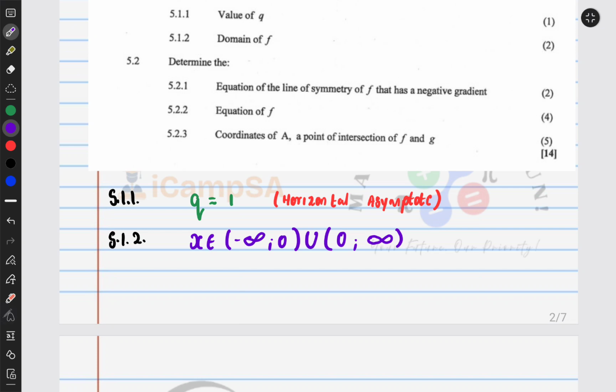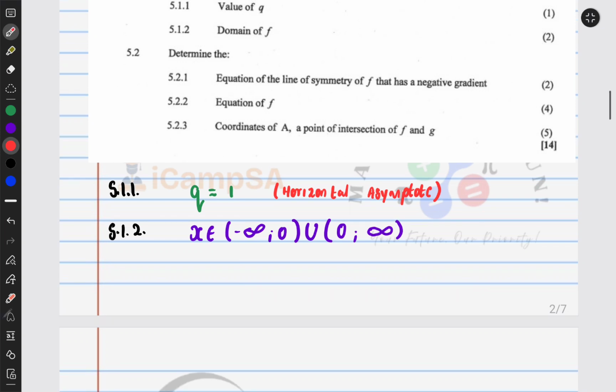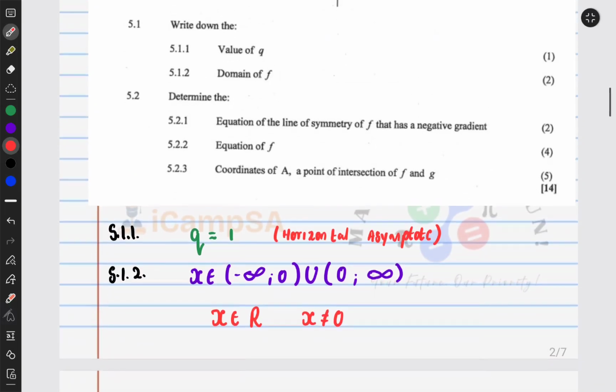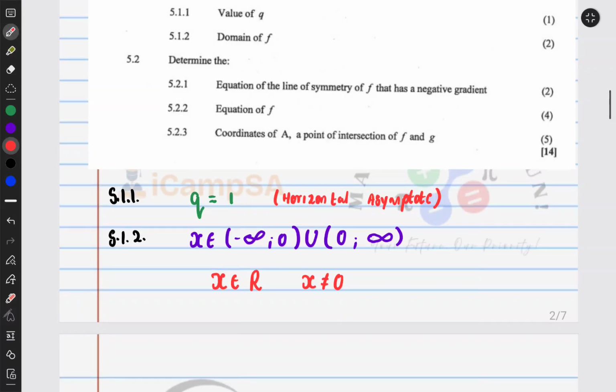We use round brackets, and remember that round brackets mean that the number is not included. So in this case 0 is not included. Or we can say that x is an element of the real numbers, but x can never be equal to 0. So we can also represent our domain in that form.